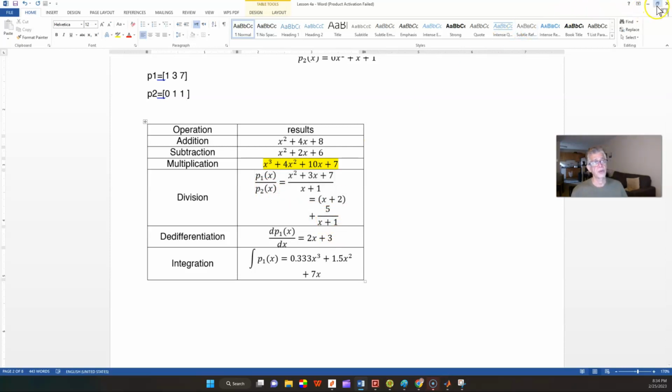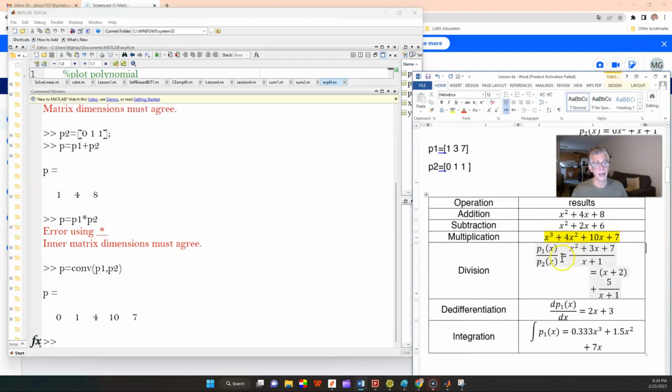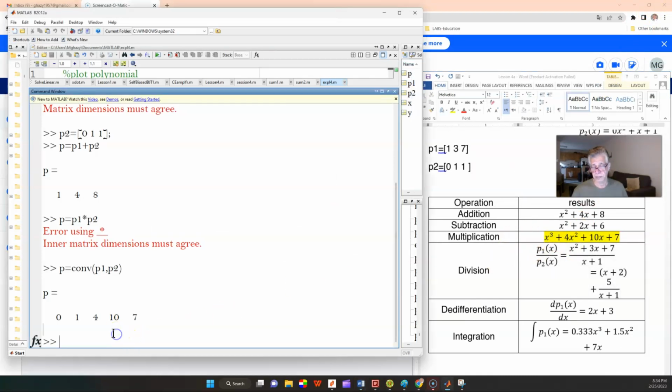So how can we do it? Multiplication uses conv, which is convolution. Division uses deconv, which means deconvolution. If you write P1 divided by P2, you get an error.